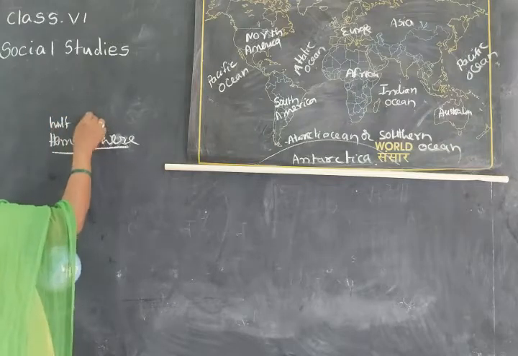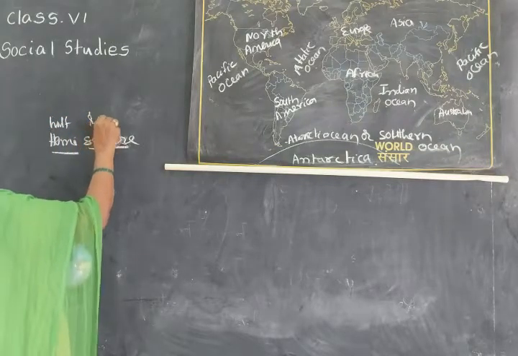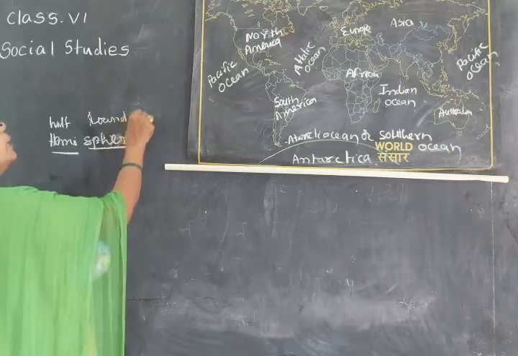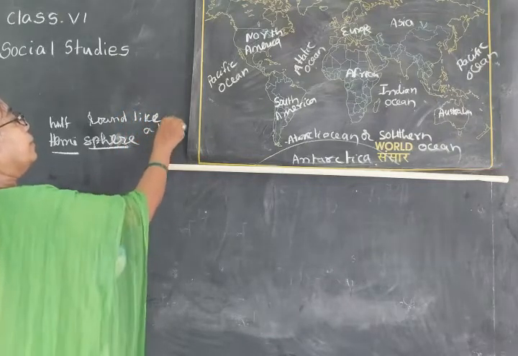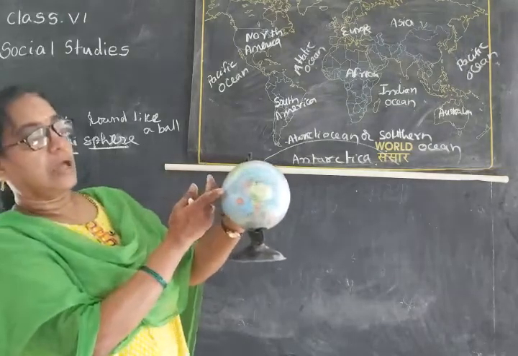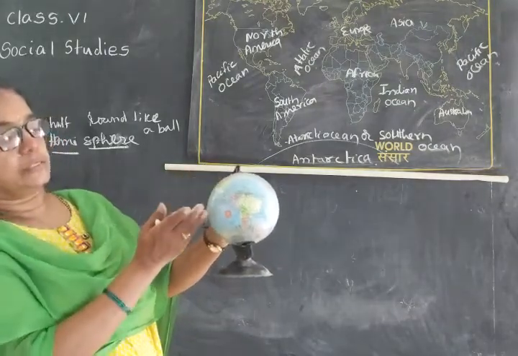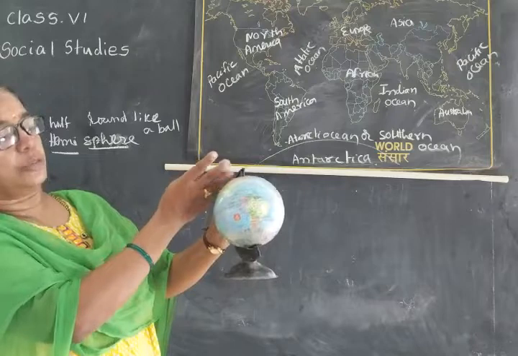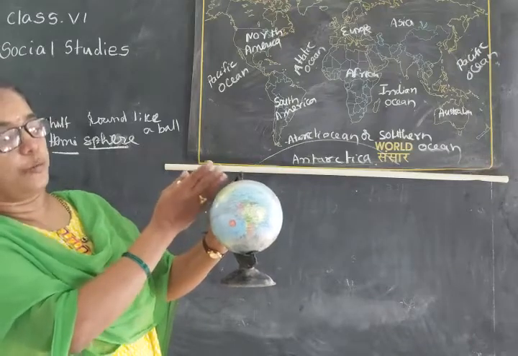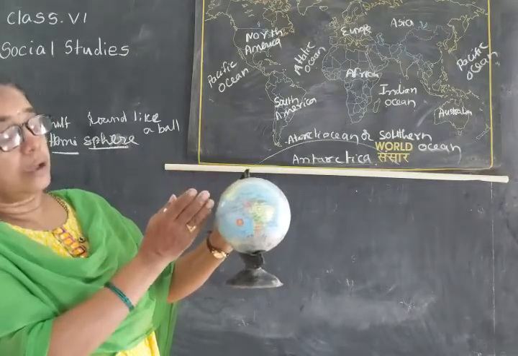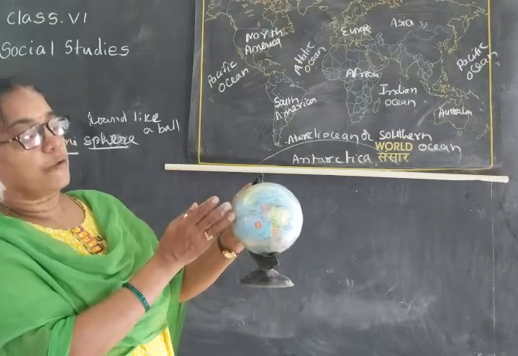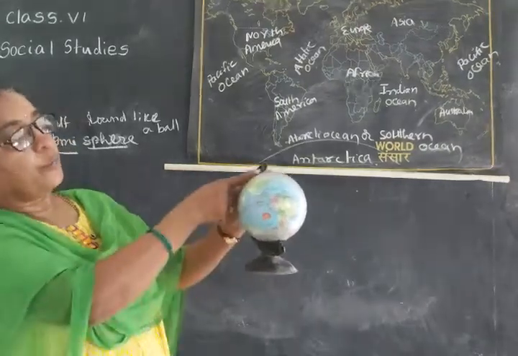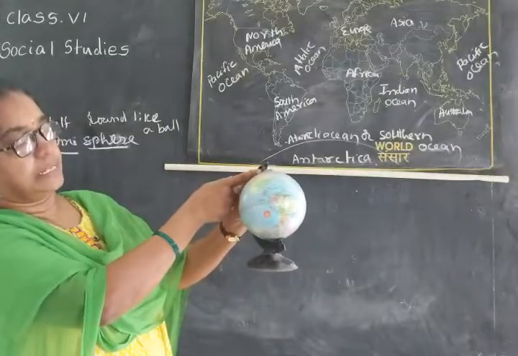So half sphere from the equator to the North Pole, half round ball. So that's why it is called hemisphere. Hemi means half, sphere means round like a ball. So from the equator to the pole, it is called the northern hemisphere.